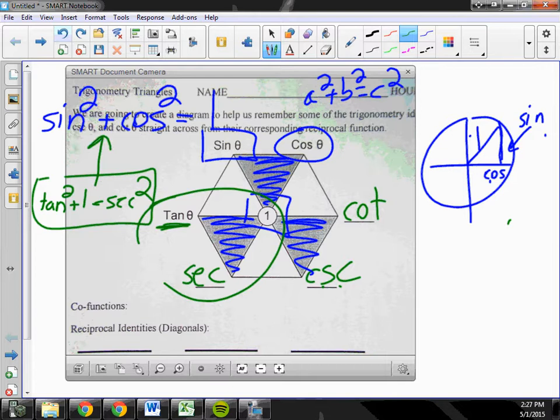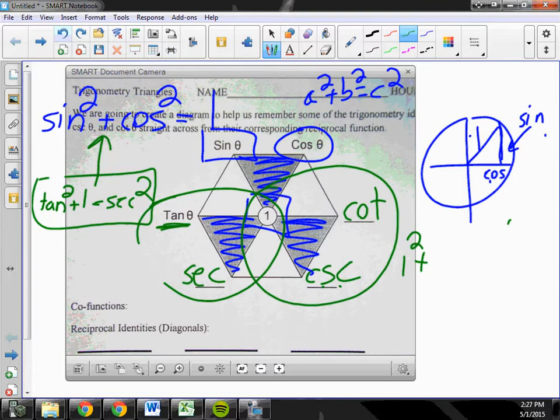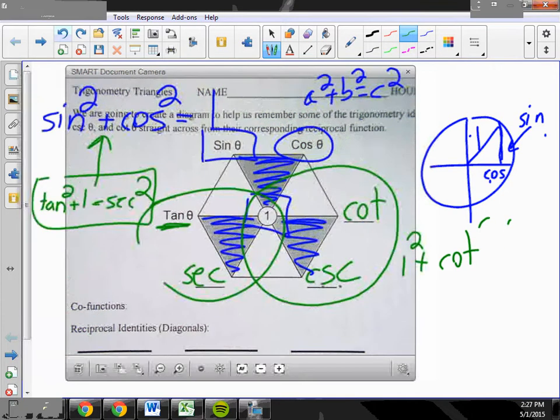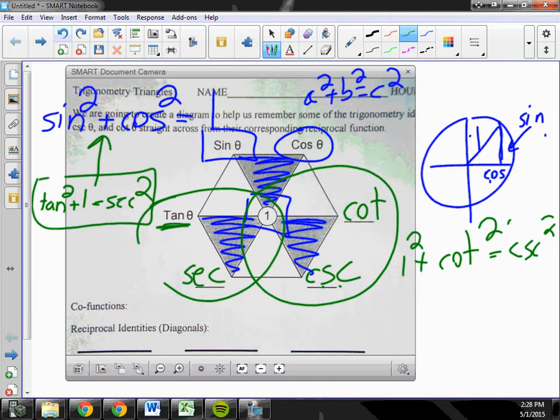But we're not going to. Okay? But all of these identities can be manipulated to create the other identities. What would the last one be? What would this Pythagorean identity be? 1 squared plus cotangent squared equals cosecant squared. And that's just another version of the Pythagorean theorem.